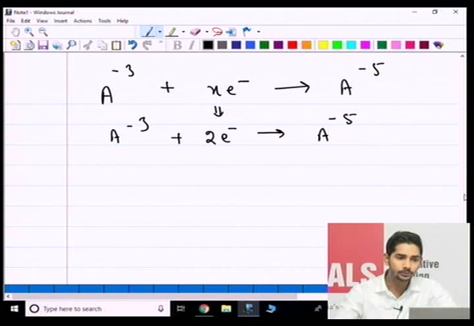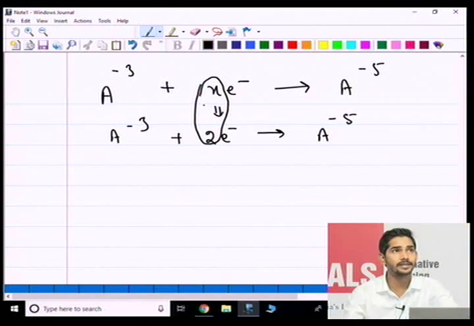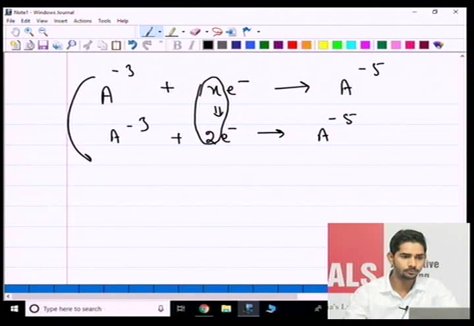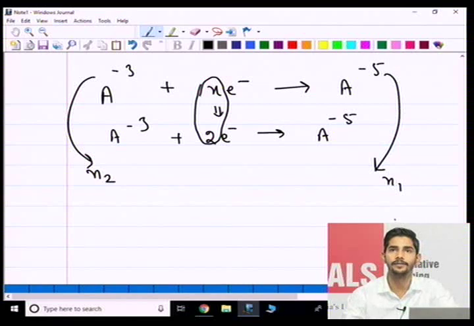Now, obviously, LHS becomes equal to RHS. Now, my question is, how can I get x as equals to 2? Assume this is your N2, which is given to you in the question, and this is your N1. I have to get x equal to 2. How can I get that?